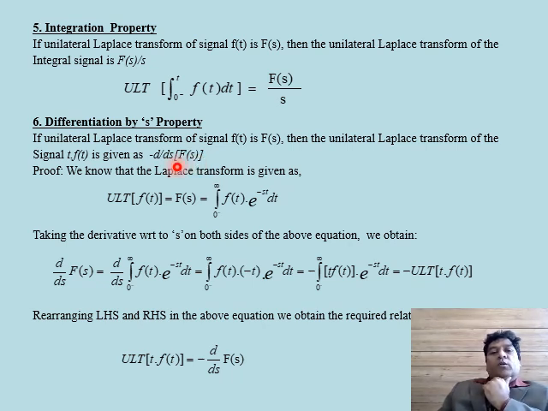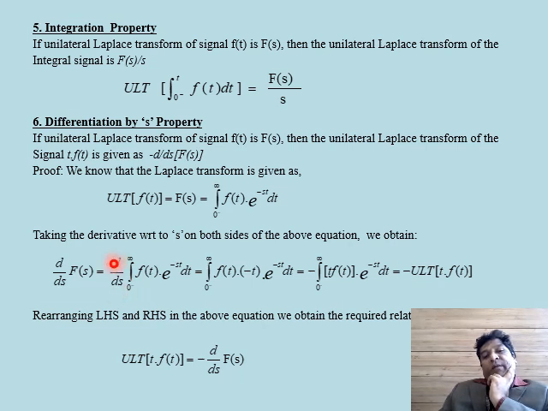Now we are going to prove this property. So let us take the ULT of f(t), which is F(s), the integral 0 to infinity f(t) e^(-st) dt. Now we will take the derivative d/ds on both sides of this equation. Then we will get d/ds of F(s), and you have to take the derivative of this integral.